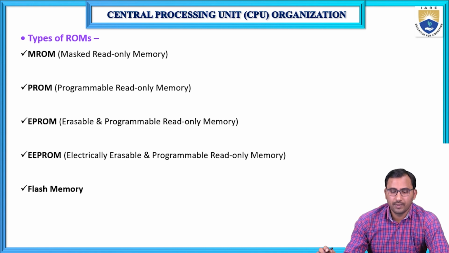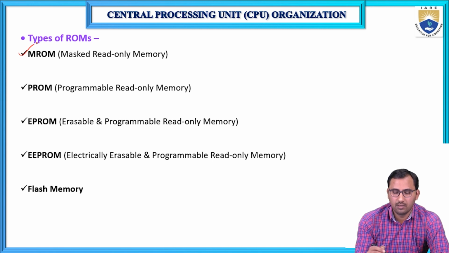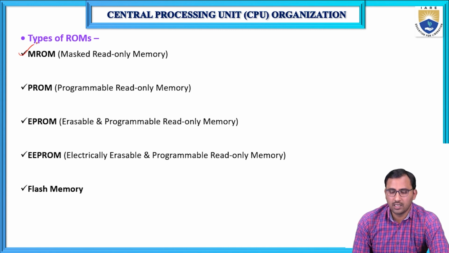And coming to the types of ROMs, we have different types of ROMs. The first is MROM. MROM means masked read-only memory. These MROMs are the oldest type of ROMs.